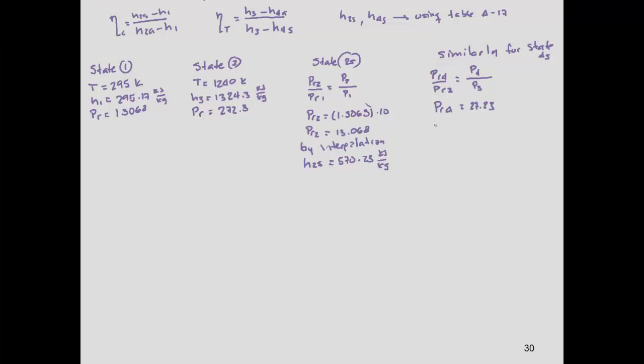So again, by interpolation, we have H4s to be 702.07. We're not getting temperature with this interpolation because this is the 4s, and we were asked for the temperature at the exit of the turbine, but it's the actual temperature, not the isentropic temperature.